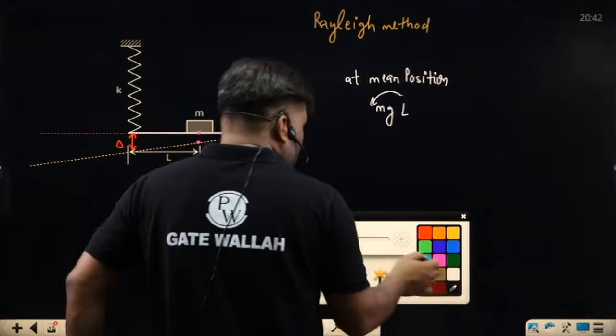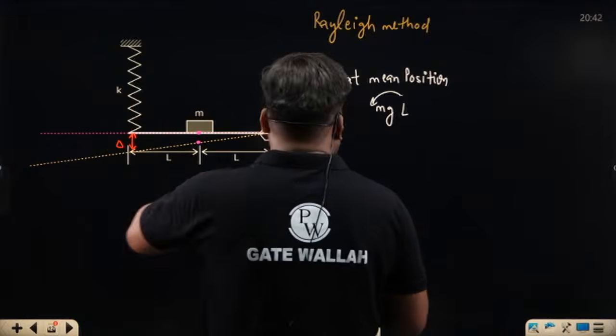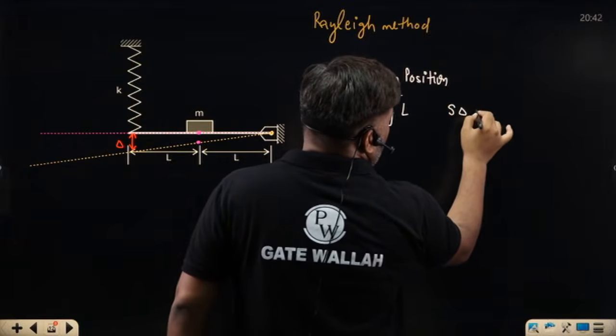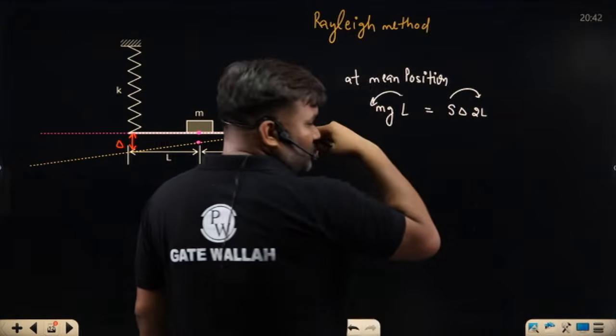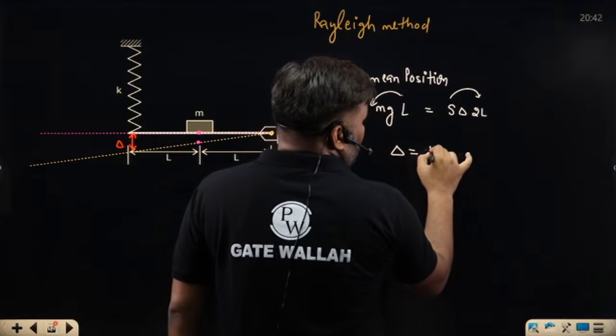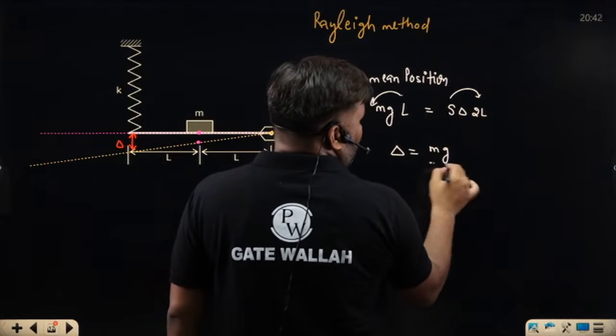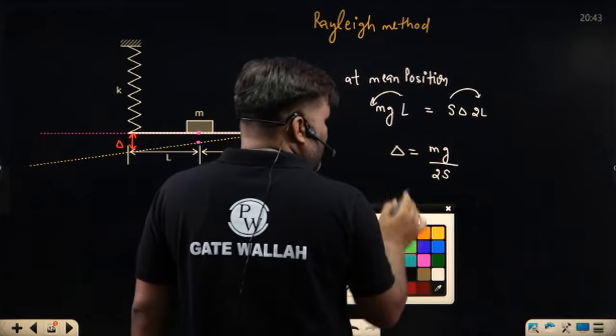So what will be the torque? S into delta is the force, multiplied by 2L. So S into delta into 2L is the clockwise torque. Both these torques are going to balance each other. So what is the value of delta? Delta comes out to be mg, L gets cancelled, divided by 2S. I have got this answer.